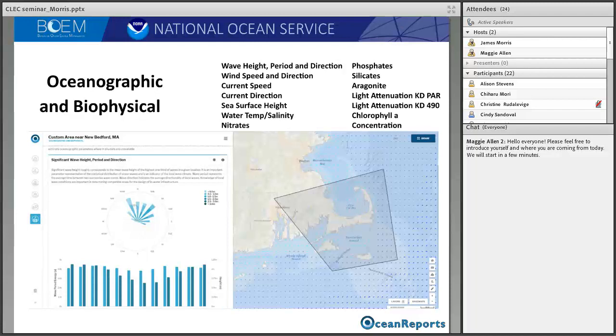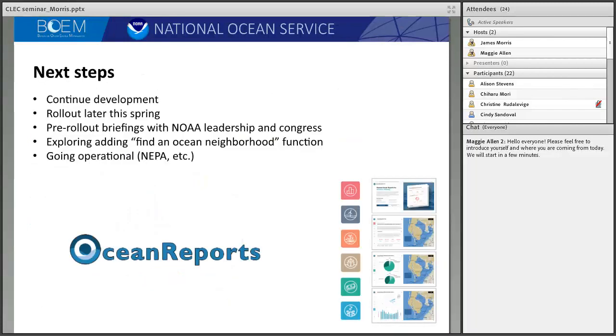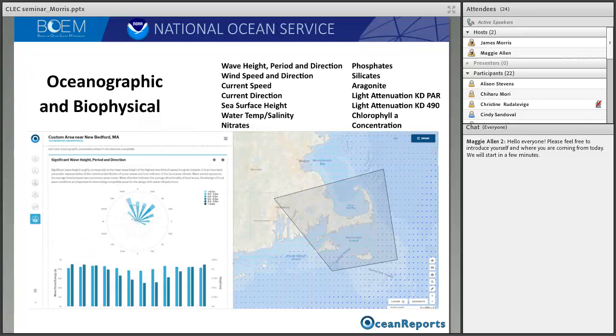So within the ocean space that we draw, we're going to get customized reports of wave height, wind speed, current speed and direction, sea surface temperature, water temperature, salinity, nutrient information, light attenuation, chlorophyll, and such. So I hope that you're excited to see this in action.